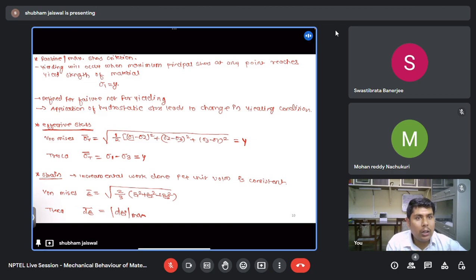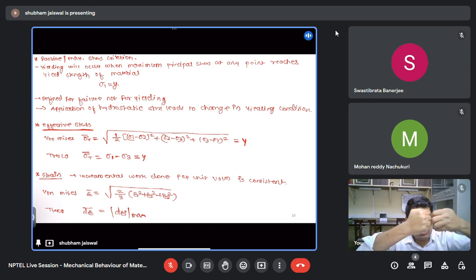Yeah, it depends. Depending on the value of the y component, the material will yield or deform. So in the questions, there are two or three questions. You can see how the values of sigma x, sigma y affect the yielding.